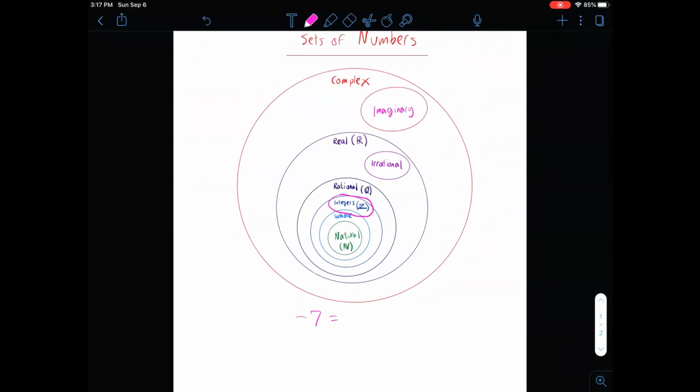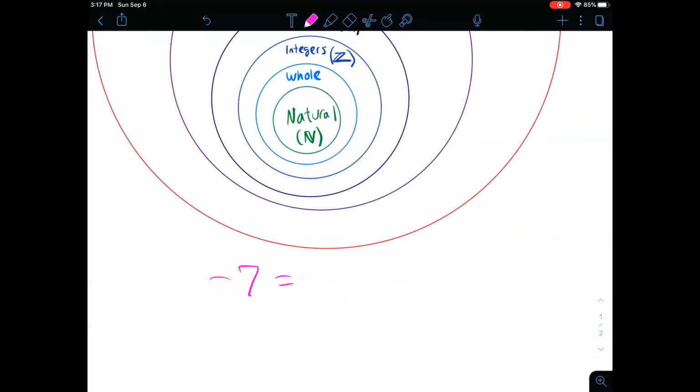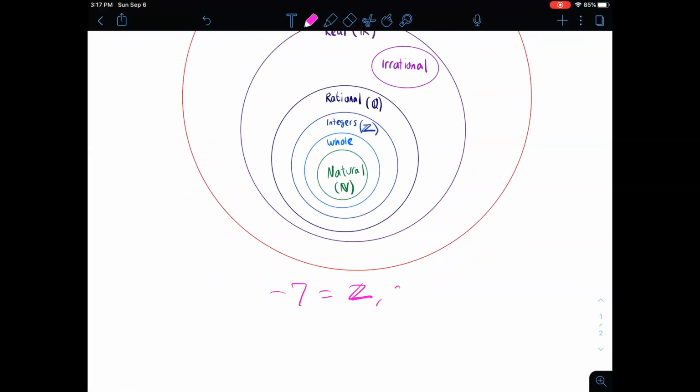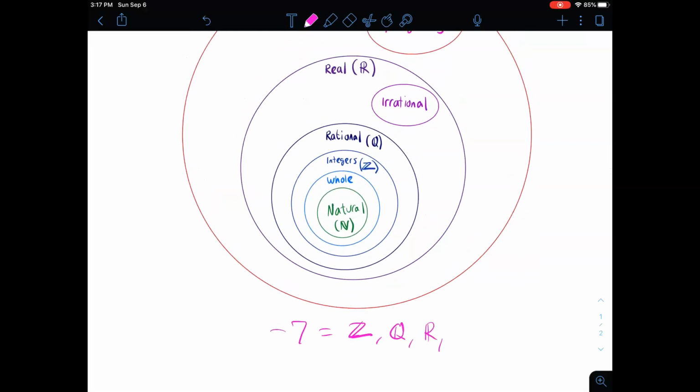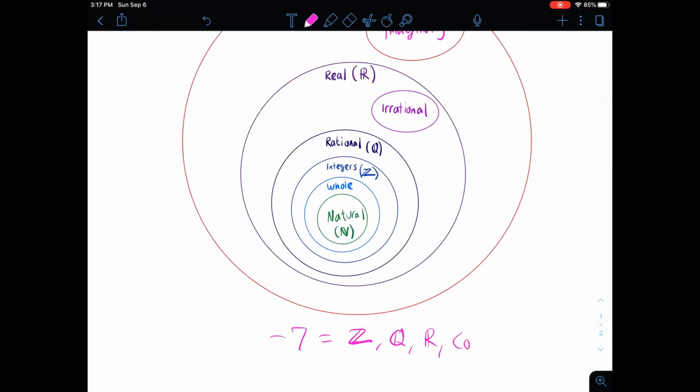So because it's an integer, it's also a rational, it's also a real, and it's also a complex number. It's not going to be irrational or imaginary because those are kind of their own things. They don't fall underneath the circle there really. But yeah, so because it's a negative whole number, it's going to be an integer, it's going to be a rational number, and it's going to be a real number, and it's going to be a complex number.